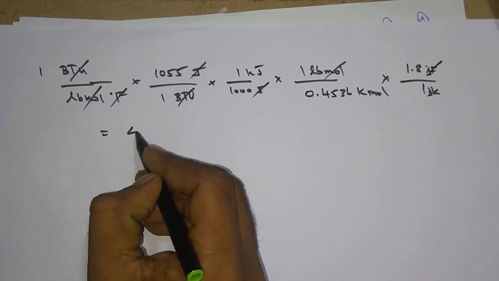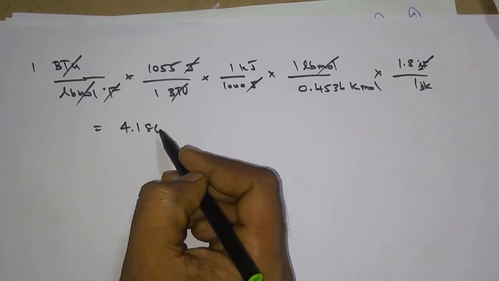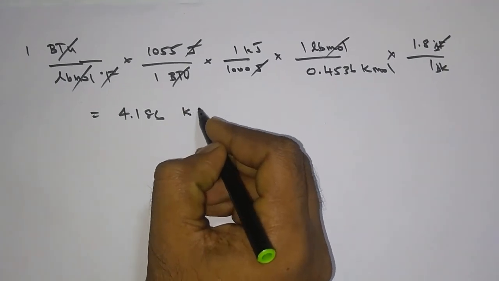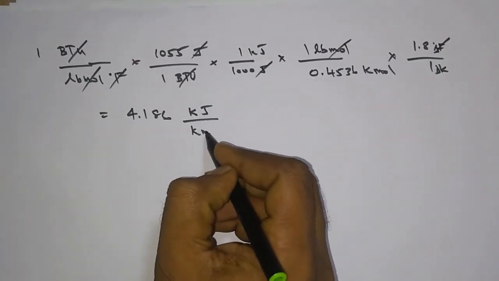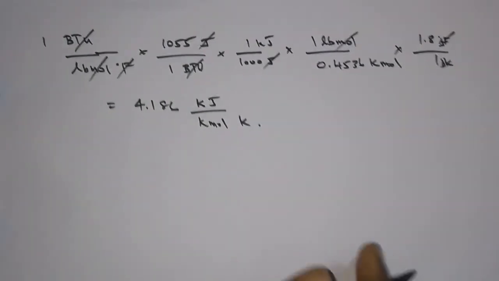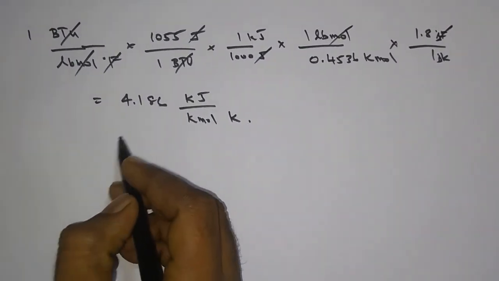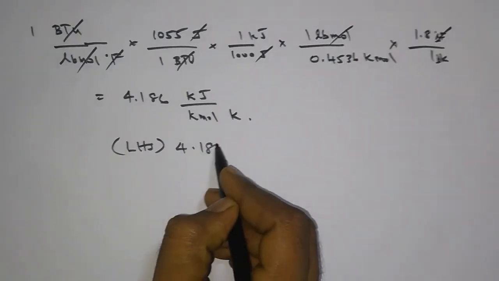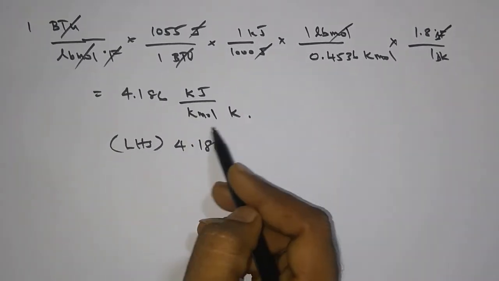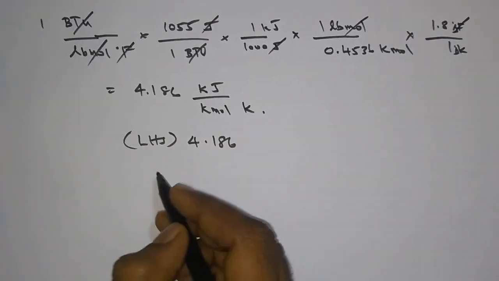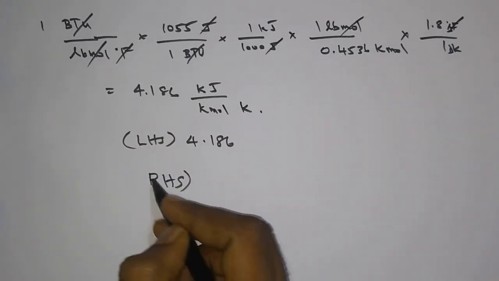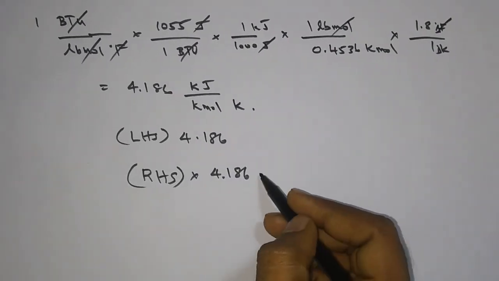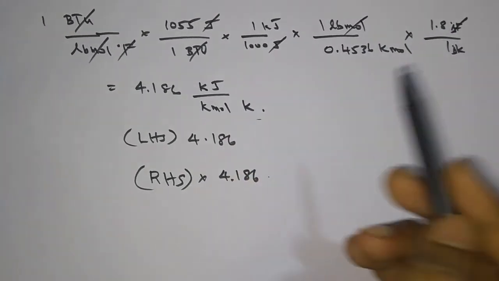What we get is 4.186 kilojoule per kilomole Kelvin. So the left hand side we have to multiply by 4.186 to get the required units of kilojoule per kilomole Kelvin. Similarly, the right hand side term also needs to be multiplied by 4.186 to get kilojoules per kilomole Kelvin.